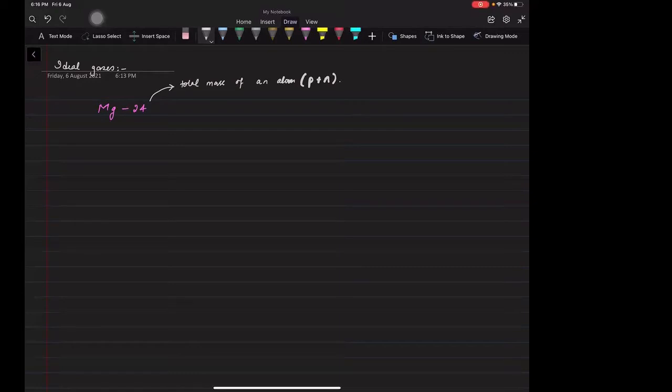Then this 24 means that it is the mass of 1 mole. So mole is a unit of amount of substance of Mg, which is magnesium. If there is any other element, like oxygen, it is 16, so 16 means that is the 1 mole of oxygen.